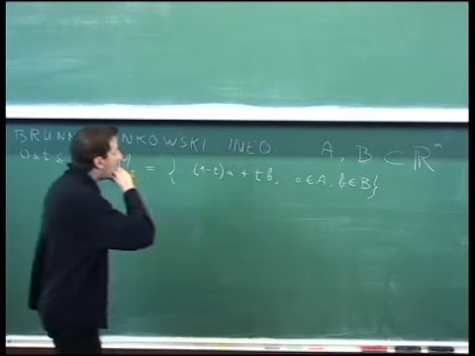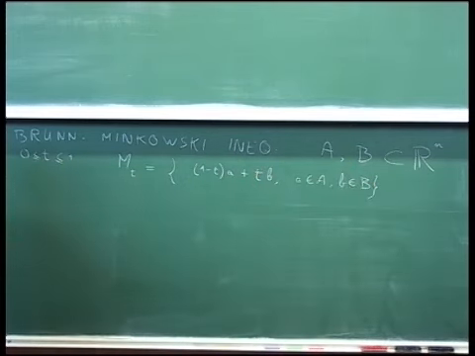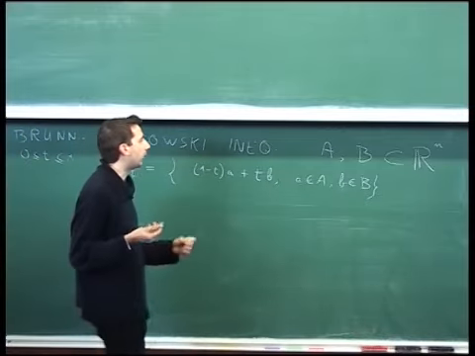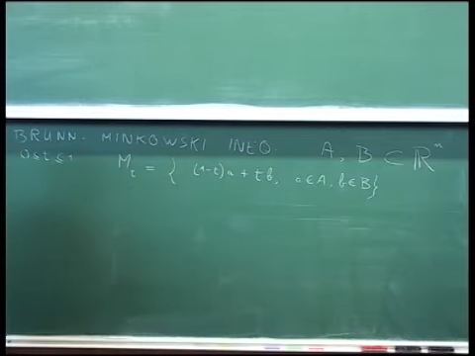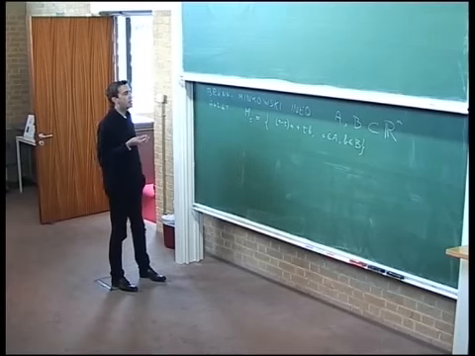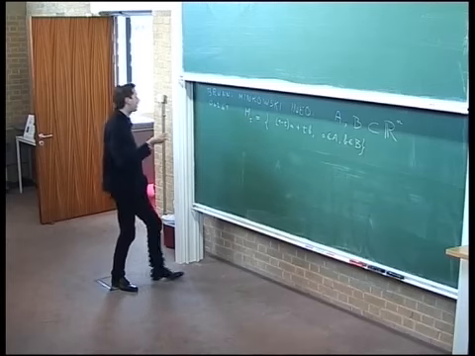And now the goal is to write an inequality on the volume of M_t, knowing the volume of A and B. There are many ways to write it, but the one which is maybe easiest for later generalization is the following.